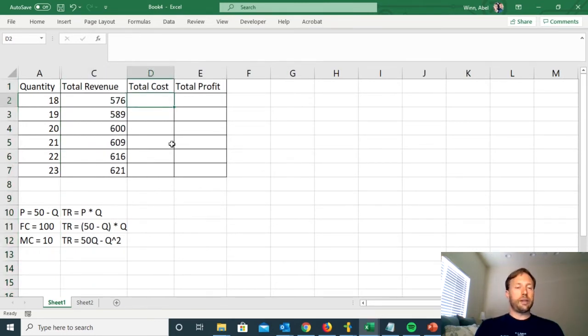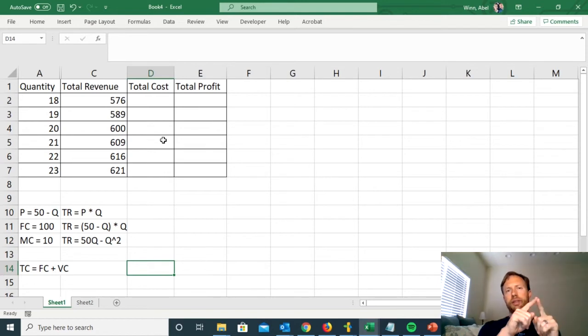Okay, total cost. What's the total cost going to be? Well, remember the following. Total cost is equal to fixed costs plus variable costs. Now, what are your variable costs in this case? The variable cost of producing a certain number of units is just the sum of all the marginal costs of producing every unit up to that. Okay, so if your marginal cost of producing the first unit is $10 and you produce 1 unit, then your variable costs are $10.